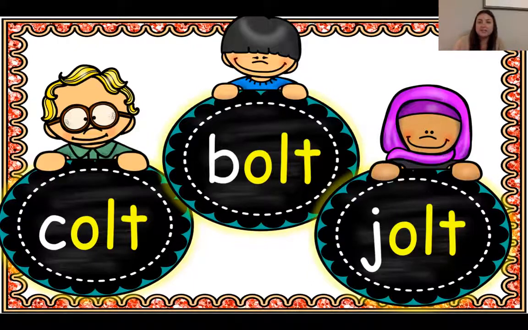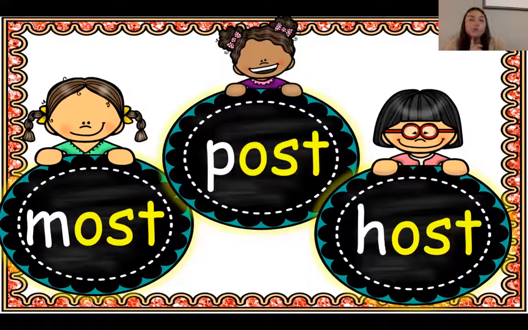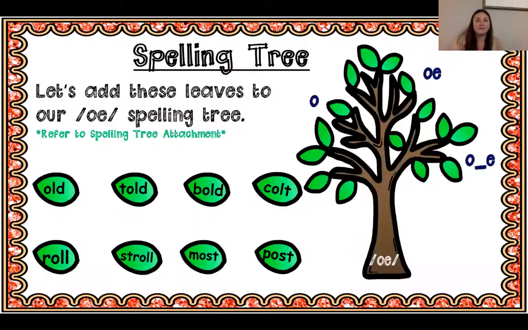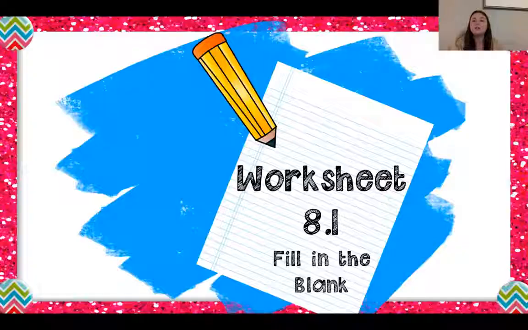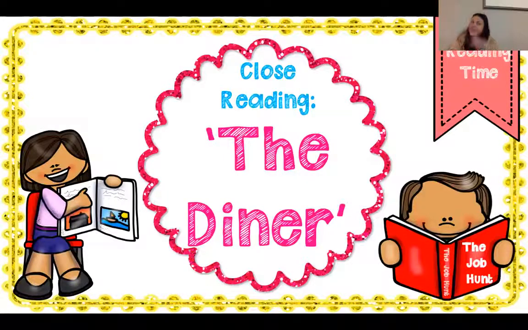You guys can say these after me. Most, post, host. All right, so we can add all of these words to our O sound. In your Google form or on Seesaw, you're going to work on that worksheet. And next thing we have to do is read The Diner.